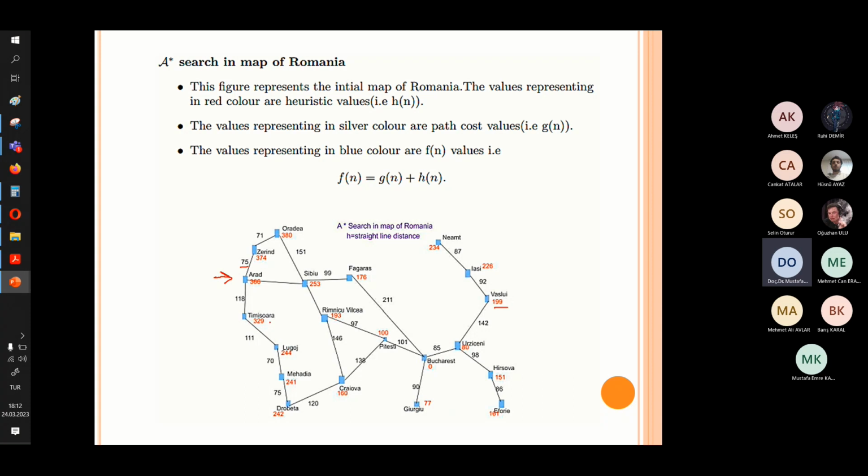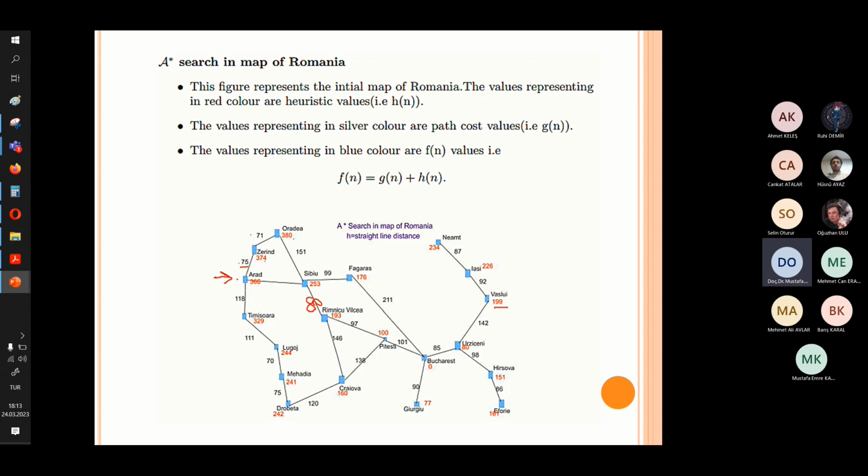I think that distance is not given in here, but the distance between Sibiu and Rymniku Vilsae will be taken as 80 while solving the problem, okay? And the distance between Arad and Sibiu hasn't been given in here, but in the next slides it will be provided. Anyway, after explaining the graph, we have the actual distances plus the heuristic values.